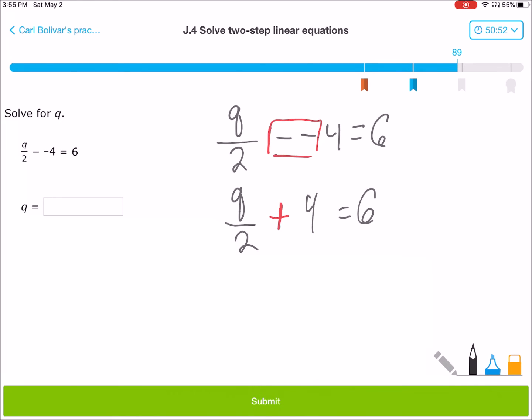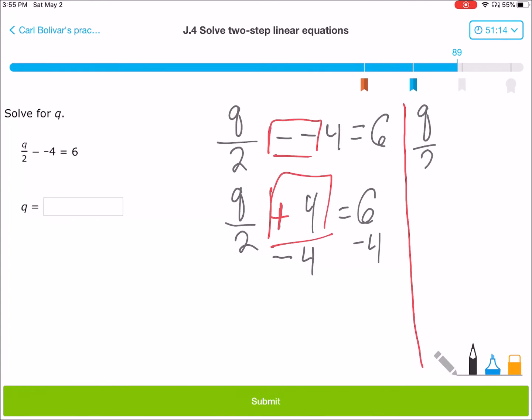There we go. Now, to take this all the way to the other side, we have to subtract 4 from each side. What you do to one side, you do to the other side. This will then give you q over 2 is equal to 6 minus 4. What is 6 minus 4? Yes, it's 2.